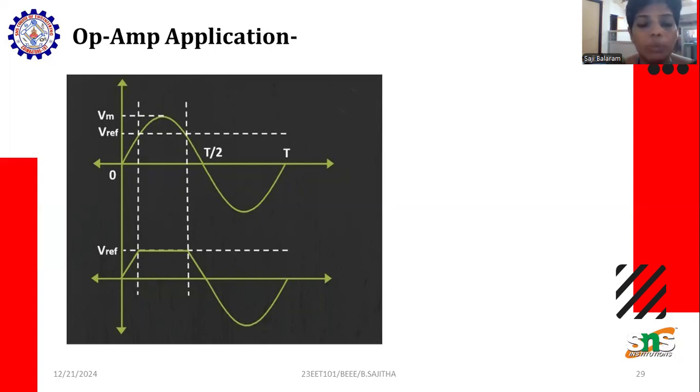In the output below, you can see that after the V reference there is no output in the positive cycle, so a portion of the input waveform is clipped off in the output waveform. We are going to discuss how this happens and what the important components are that are required to build this wave shaping circuit, or clipper circuit, using an op-amp.